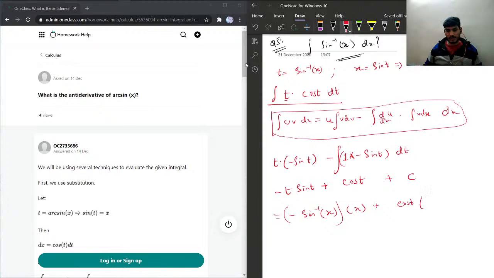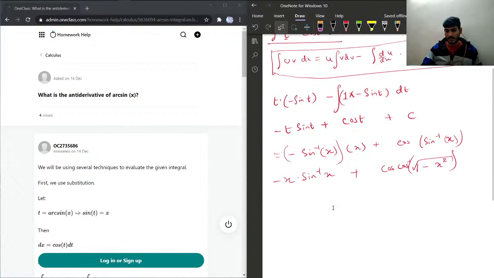Sine inverse of x, this will be cosine of sine inverse of x, and I can write this as under root of 1 minus x square, and this will become minus x times sine inverse of x.